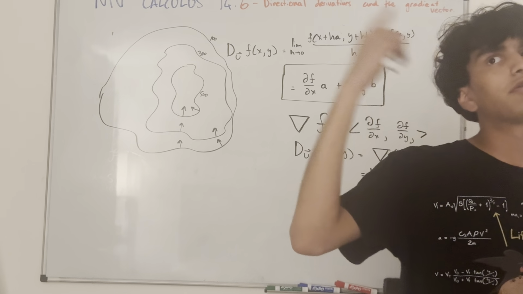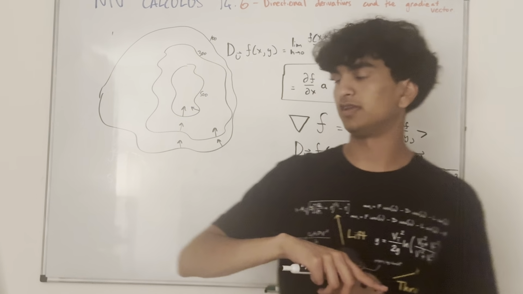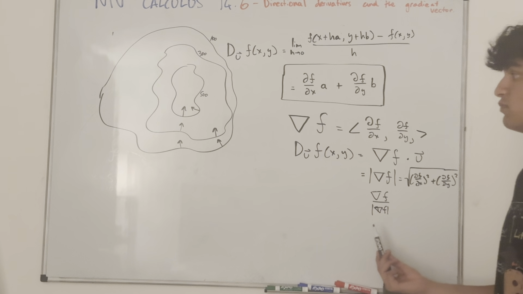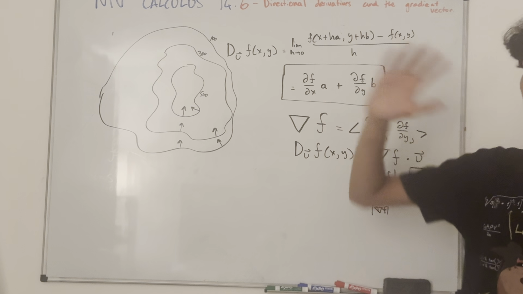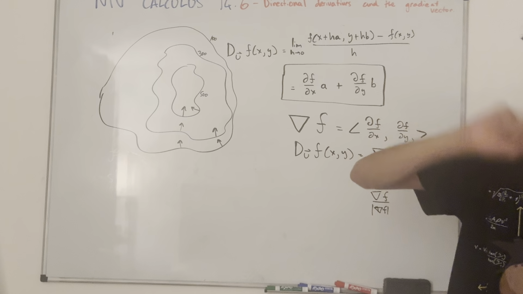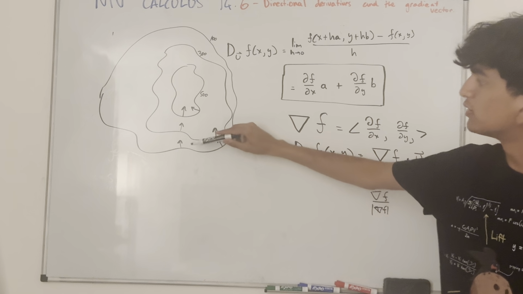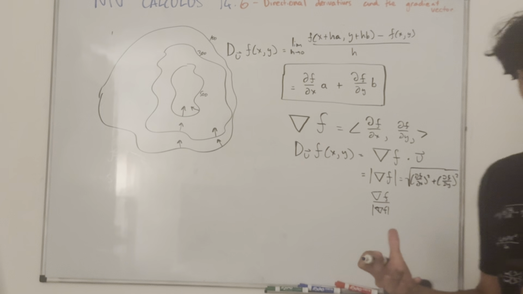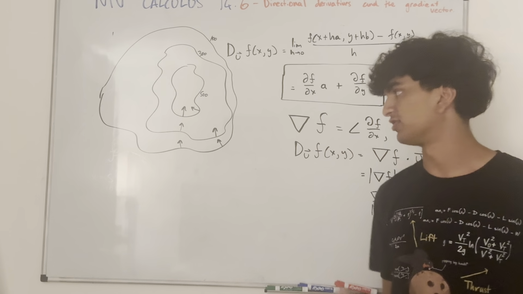So that would make you think that things that are tangent have no change in z. Well, this gradient is the direction of steepest slope, right? Where the directional derivative is the largest. So the opposite of tangent, which would lead to no change, would have to be normal. The vector is always normal to the curve because it's like the opposite, because it has the most change versus no change.